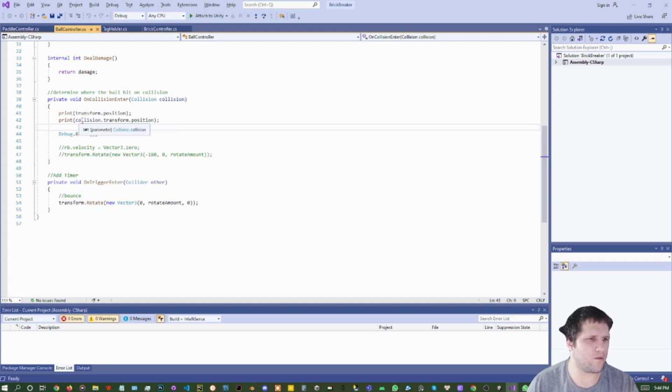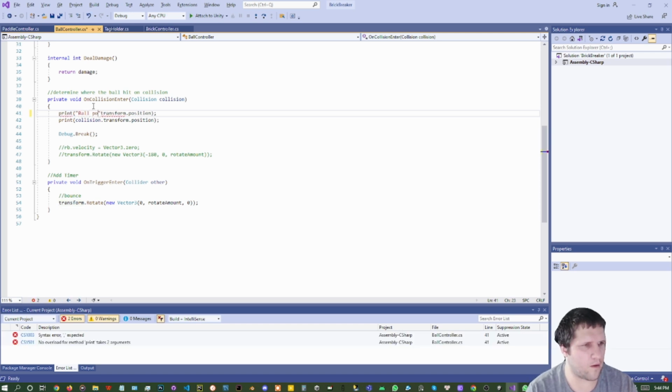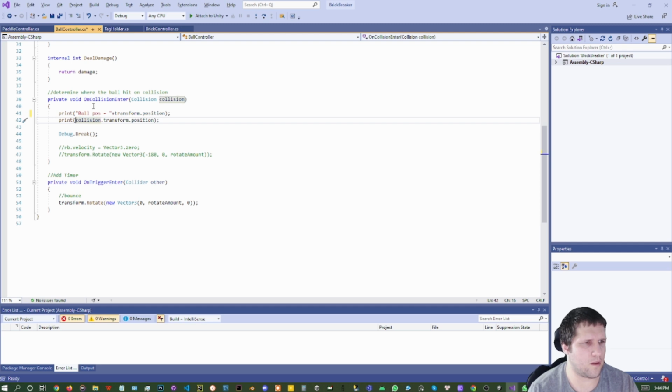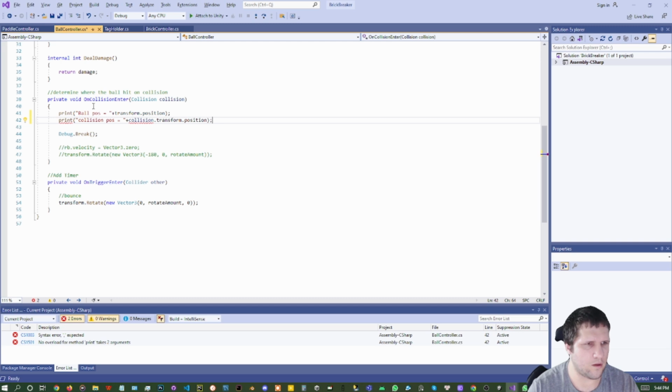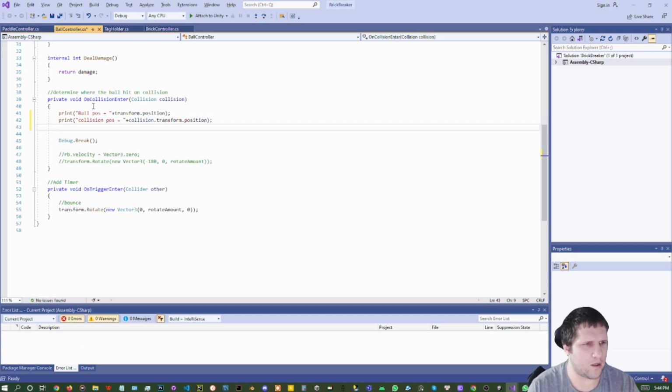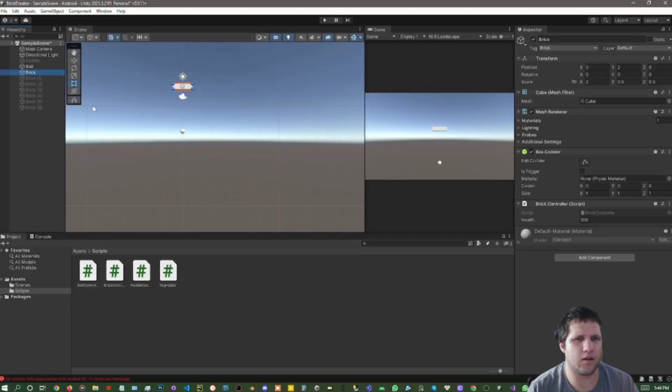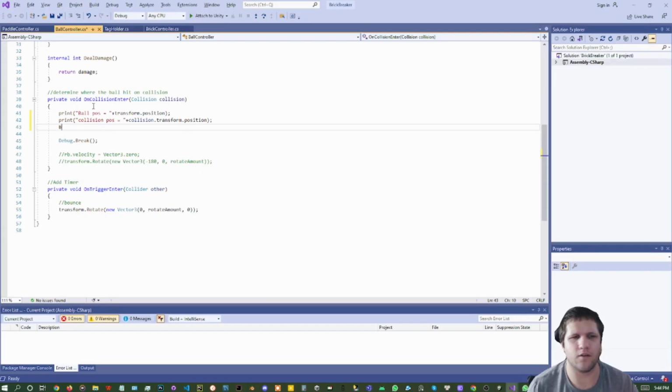We want to say ball position equals, and then let's say collision position equals, but then let's also try to get the collision collider.